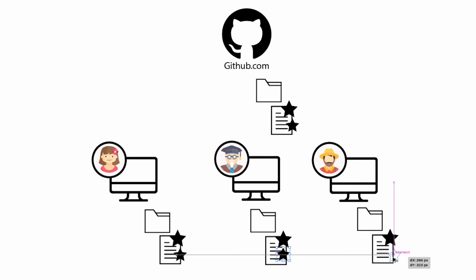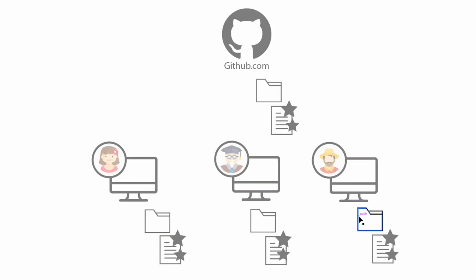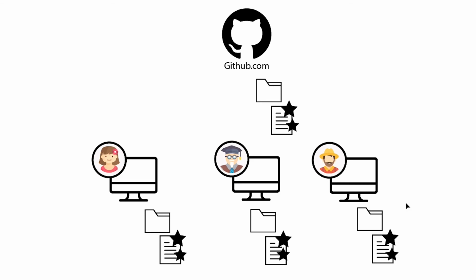So it's this idea that all of these people have a folder that syncs back to the original. And anytime the original file gets changed or updated, or files get added, or files get deleted, everyone's files automatically update. And that's really powerful because everyone can work on the files at the same time.